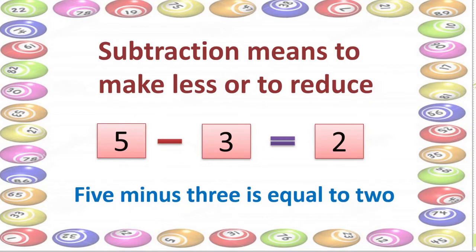Like this, here 5 minus 3 is equal to 2. How to read this? 5 minus, this we call minus, 3 is equal to 2. Okay. Now we will go through some different methods of subtraction.